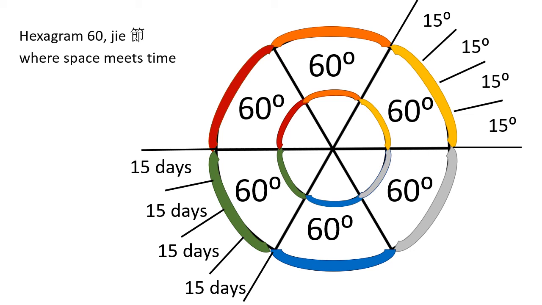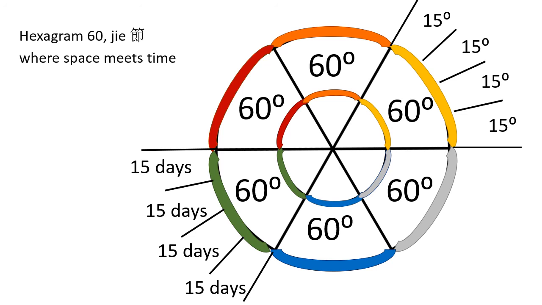And when we look at the 6 steps, each step of the 6 steps is 60. 60 is 4 15-day periods, and it's also 4 15-degree angles. 6 steps of 60 degrees make 360. 360 is one full cycle of time and one full circle of space. 60 is where space is time.